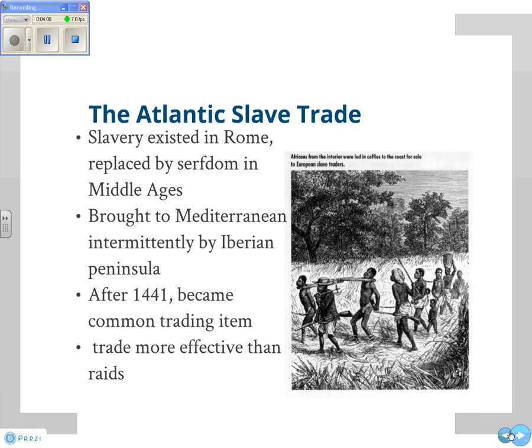That's right, Iberia. Portuguese and Spanish have been interacting with the Muslims there. They've been buying slaves from them, plus they've been acquiring some through war. In 1441, this has become a common trade item, and trade actually becomes more effective for Europeans than raids.